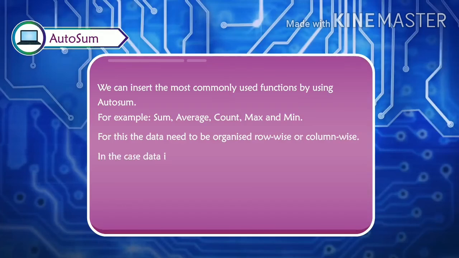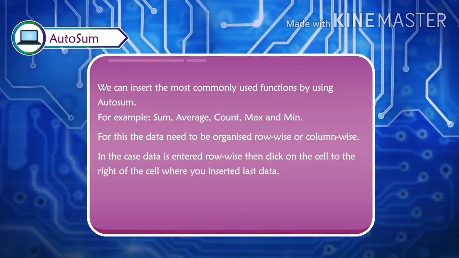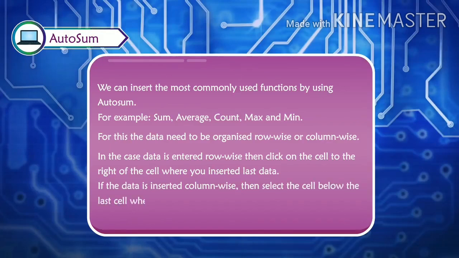In case data is entered row-wise, then click on the cell to the right of the last data inserted. If the data is inserted column-wise, then select the cell below the last cell where you inserted data.